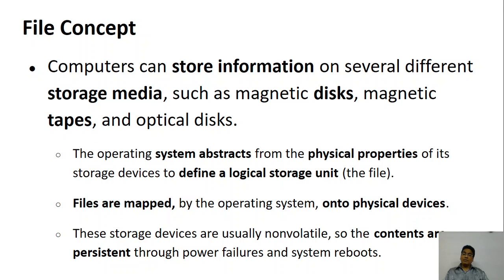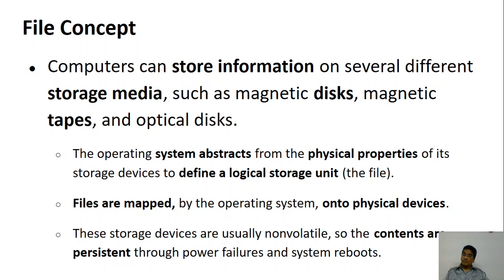A computer can be connected to many storage devices. You know very well, a computer can store information in a magnetic medium like your disk, or in an optical medium like your CD or DVD, or it can also use tunneling, like your pen drives and others, which is actually an electronic way of storing the content.